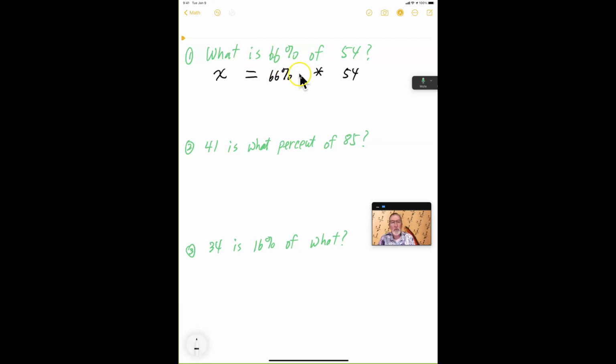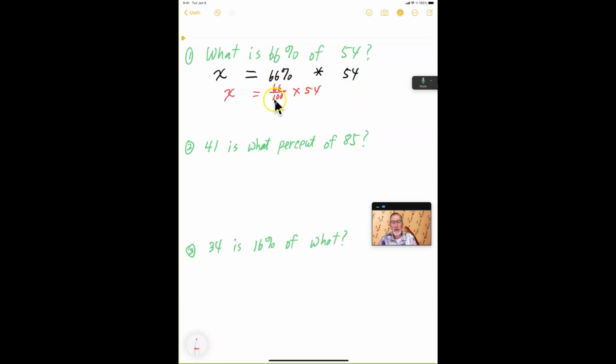So here we have almost everything we need to solve the problem. X equals 66% of, or times, 54. Okay, so we can rewrite this 66% as 66 over 100 times 54, and that's what X is going to be equal to. So we can go ahead and multiply this as a fraction.